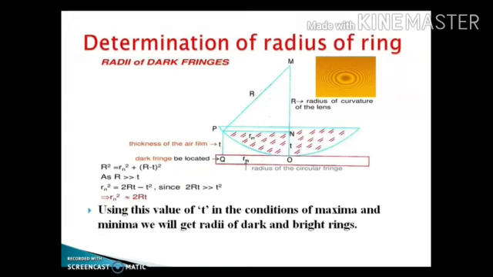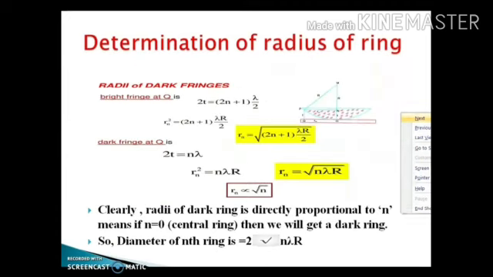By using this value of t in the conditions of maxima and minima, we will get the radii of dark and bright rings. So if I put the value of Rn square, we will get the radius for the bright fringe and the radius for the dark fringe.